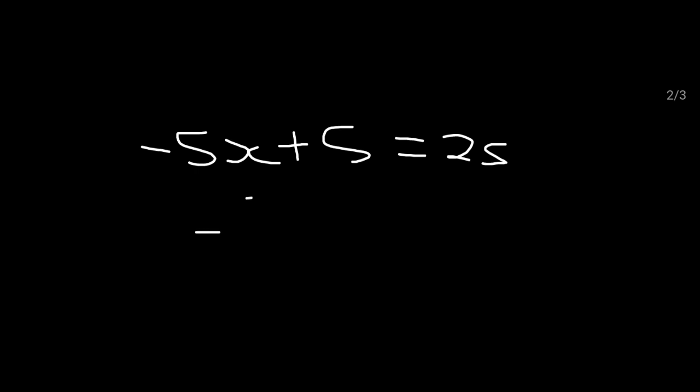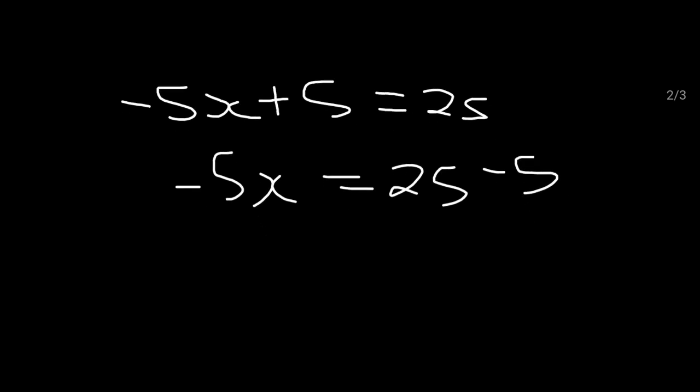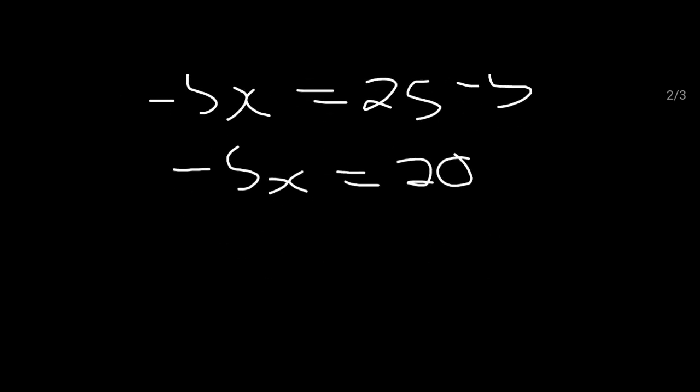So we are left with minus 5x equal to 25. This positive 5 goes to the other side and becomes negative 5. Then we are left with negative 5x equal to, what is 25 minus 5? It's 20. And now again we make x the subject of the formula. We must remove this -5.